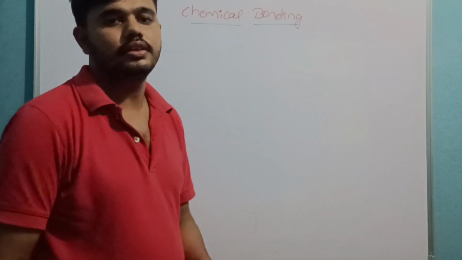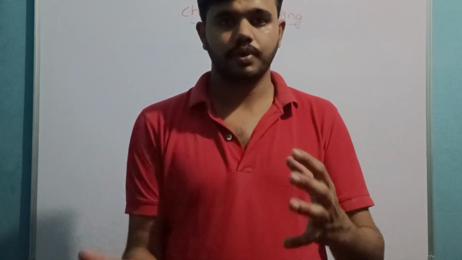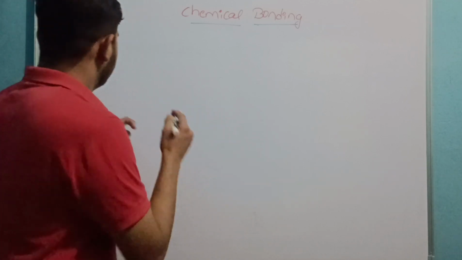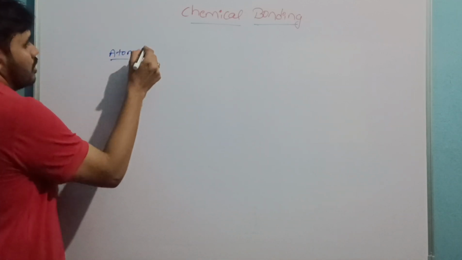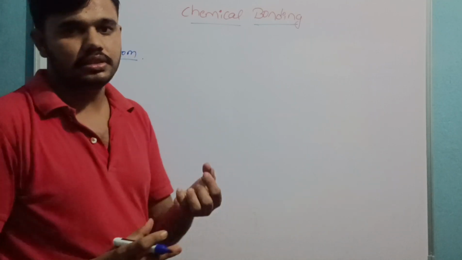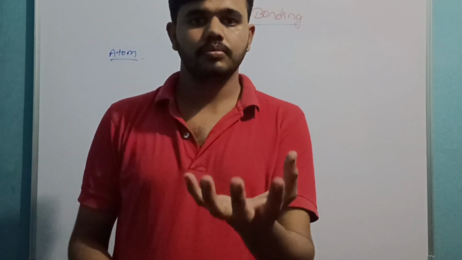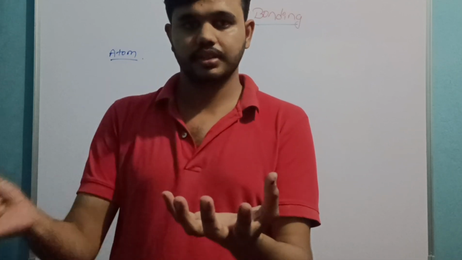Now we are going to learn causes for bonding in between molecules. First of all, atom. An atom is a small indivisible particle which cannot be further divided.